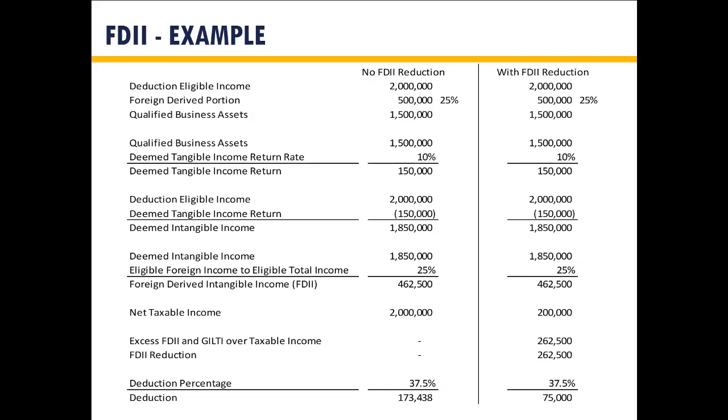You can see here that in this example, net taxable income would end up being $2 million, so we do not have a FDII reduction. We take the deduction percentage of 37.5% times our $462,000 FDII amount to give us a deduction of $173,438. So it's very mechanical once you get into it.